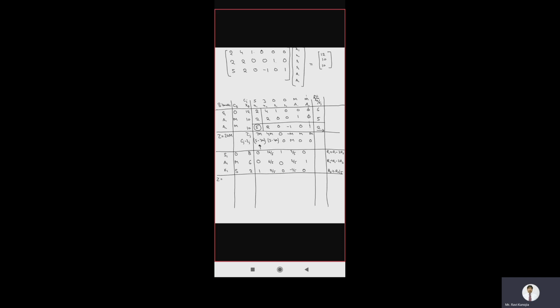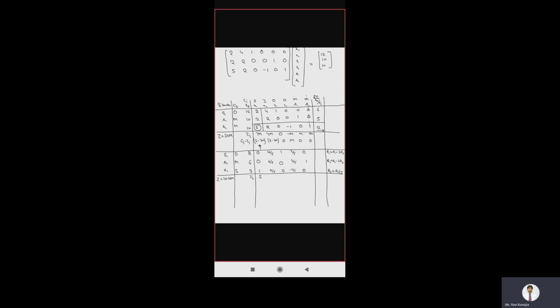Now let's see how much is Z. Z is 6m plus 10, 10 plus 6m basically. So we have 10 plus 6m. That is the iteration. Now let's see Zj. The value of Zj: we have 5 over here and we have 10, 5, 2, 2.